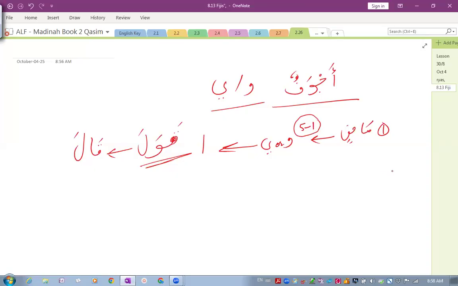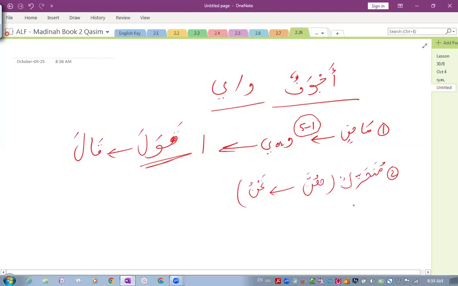The second rule is when you reach mutaharrik pronouns. We're still talking about madi. Mutaharrik pronouns start with unna all the way to nahnu.